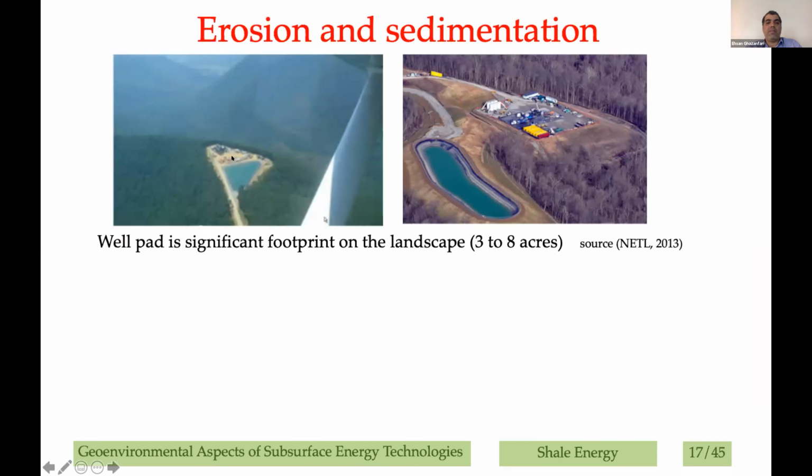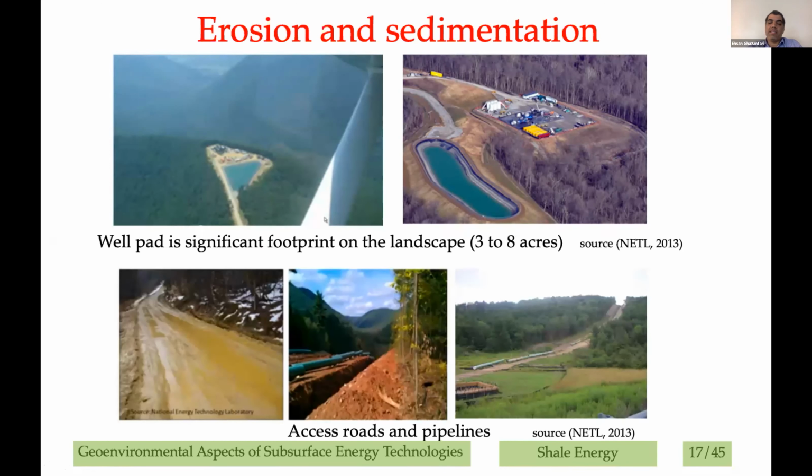So you can see a typical well pad here, and the footprint of that. You can see the well ponds, and also on the right of your screen. So a typical well pad in Marcellus is between 3 to 8 acres. And then the transportation roads, the pipelines, these are all basically the stress that is caused to the environment because of the shale.